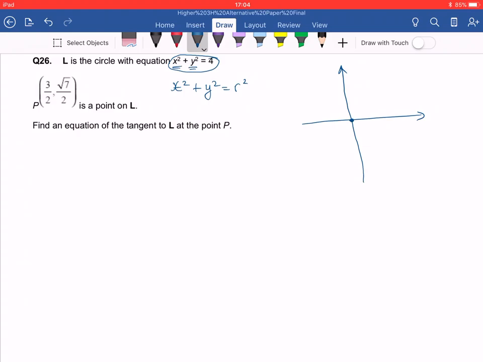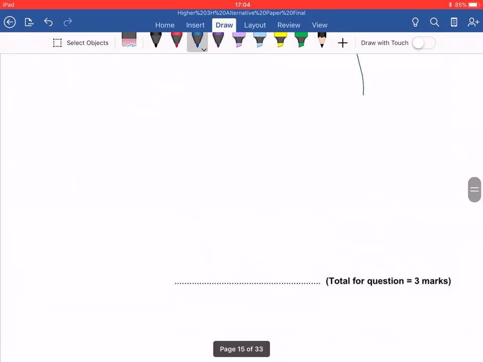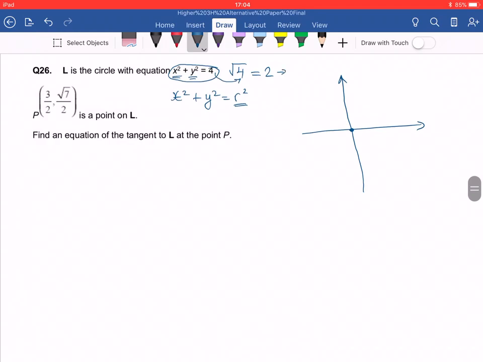If I want my radius, I have to square root this number here. So I have to square root the 4, and I get 2. This means this circle has a radius of 2.